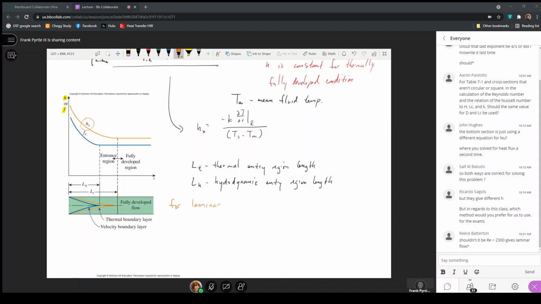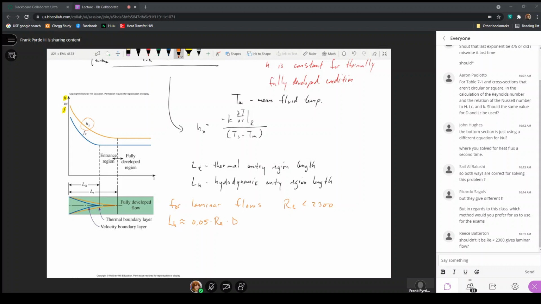For laminar flows, where the Reynolds number is less than 2300, L sub H, the hydrodynamic entry region length, is approximated, because again this is based on experimental expressions, as 0.05 times the Reynolds number times the diameter.